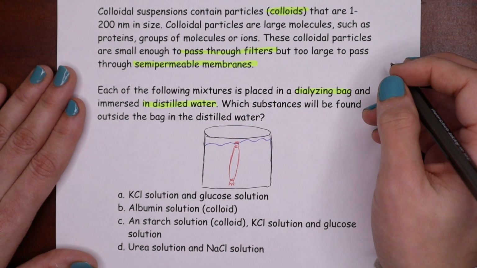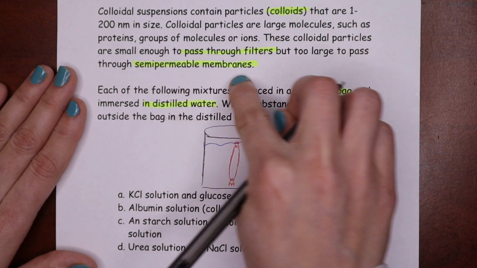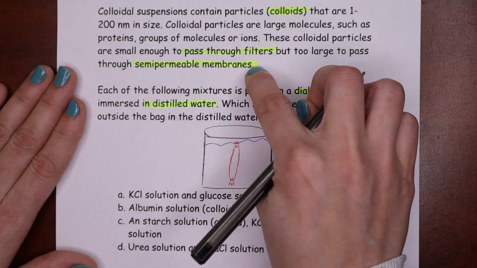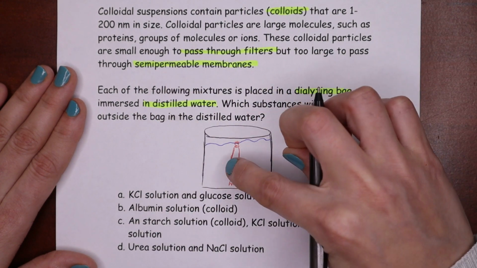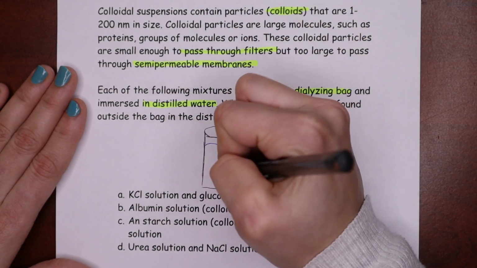We know that colloids cannot pass through semi-permeable membranes, and a dialyzing bag is a semi-permeable membrane, which means that inside this dialyzing bag, we're going to be finding colloids.